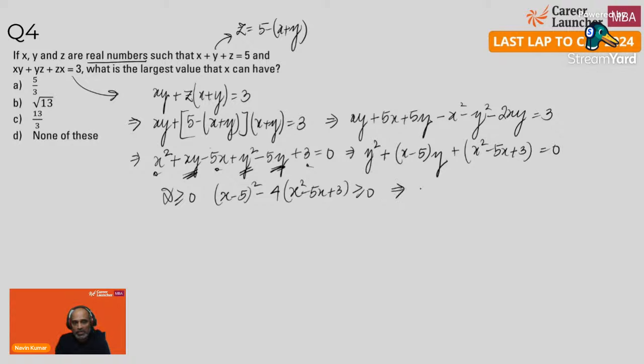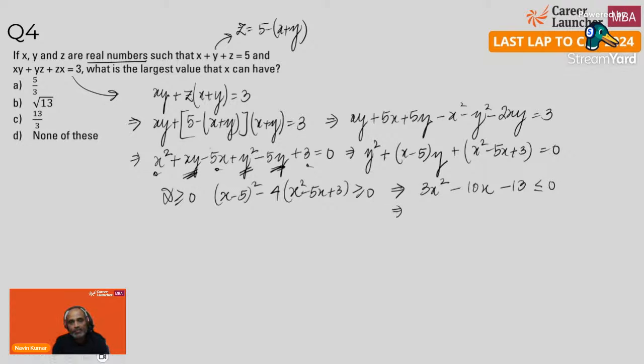So this is going to be x² - 4x², which will give us -3x², and then we will have plus 25 minus 12, which is going to give us 13. And then we will have minus 10x plus 20x. So we will have -3x² + 10x + 13 greater than or equal to 0. So what I have done is I have shifted everything again to the other side.